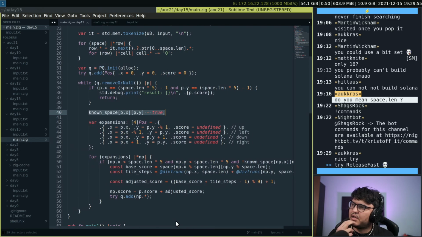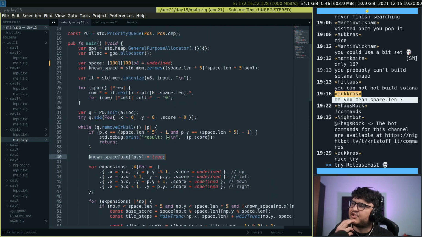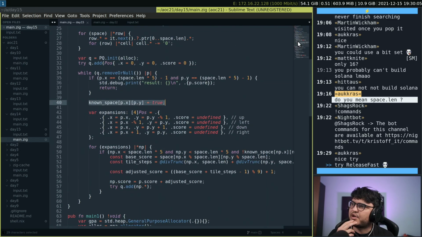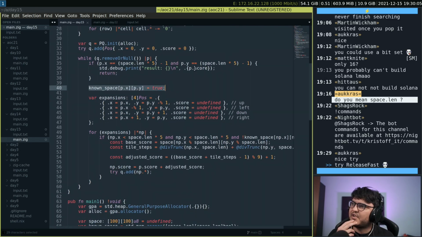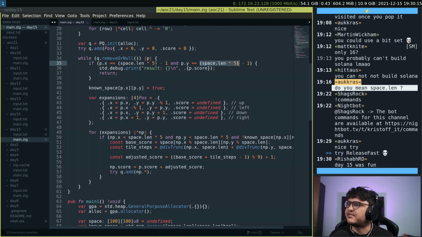Let me think. The question is, is there anywhere else where I need to multiply something by 5 and I forgot? And also, is it correct to multiply this by 5? Yes, because the coordinates are going to be 499, like the exit coordinates. So this is okay.